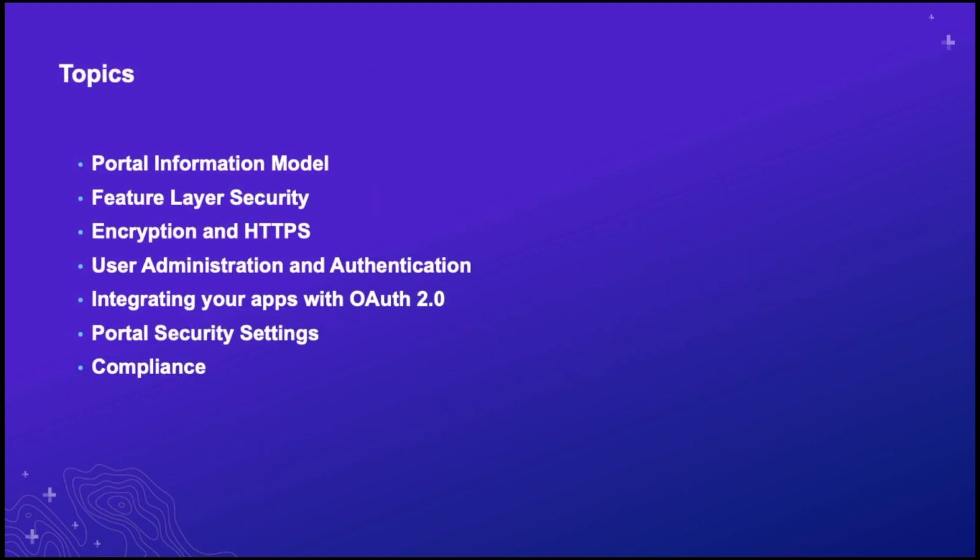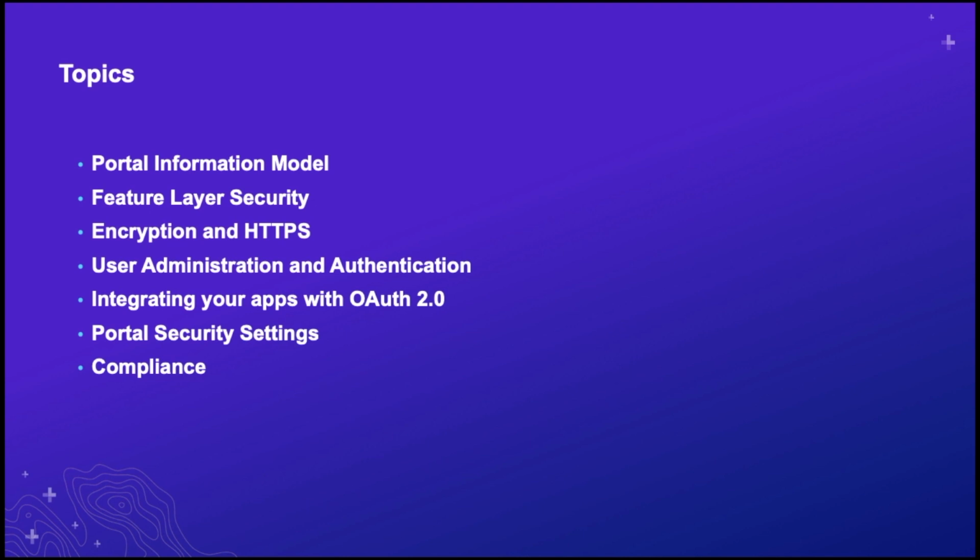So in today's topics, we'll talk about the information model of the portal and basically the basics that you can control. A little bit about feature layer security, which often comes up as part of securing your information. We'll talk a little bit about encryption and HTTPS, about user administration and authentication within your portal or organization.